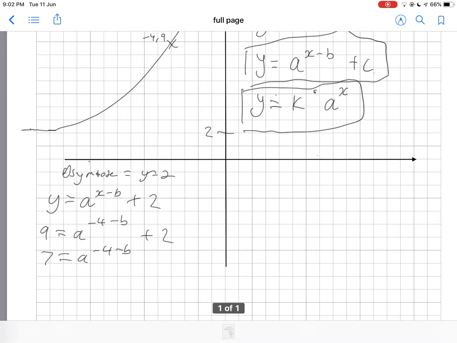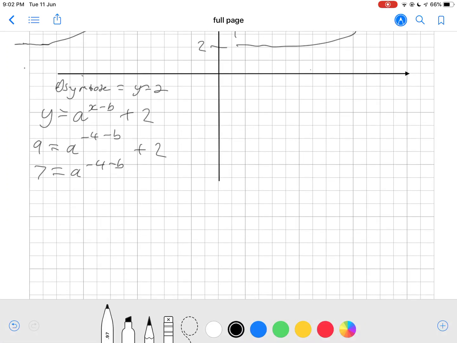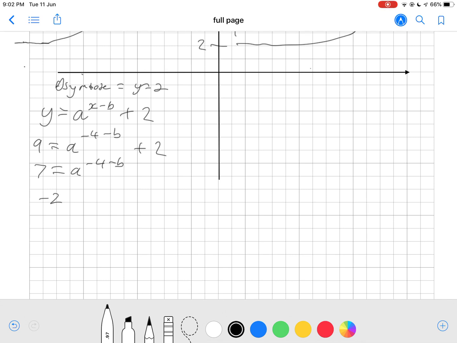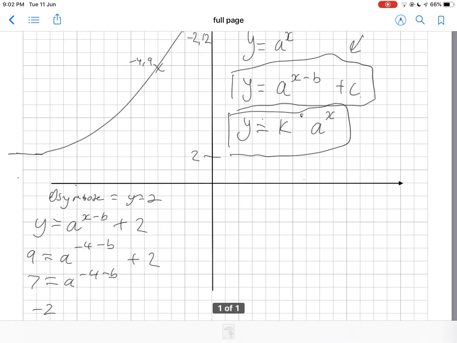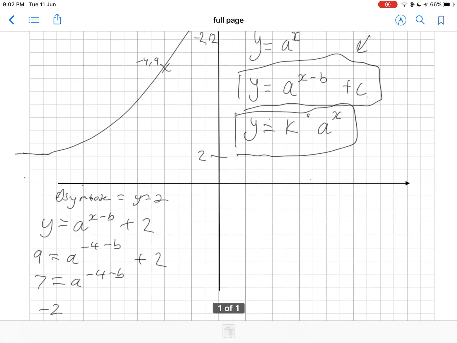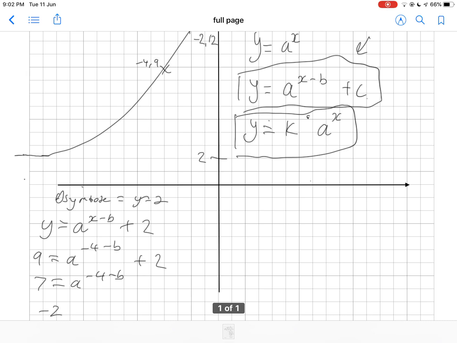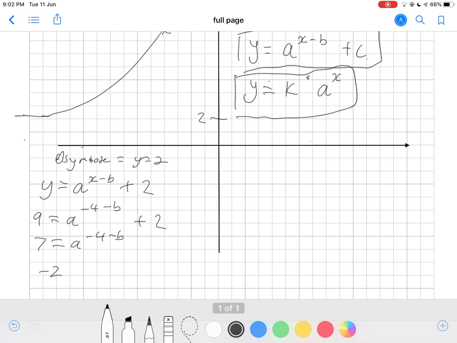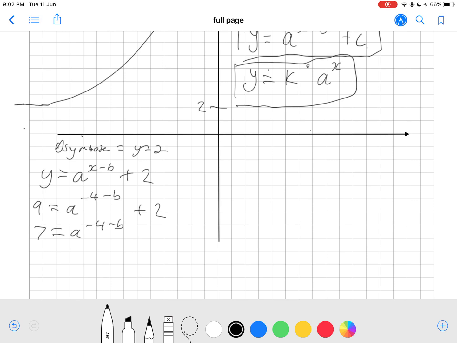And if we substitute negative 2, 12, what am I doing? Substitute, yeah, 12, this is 12, not negative 2. So 12 equals a to the power of negative 2 minus b plus 2.